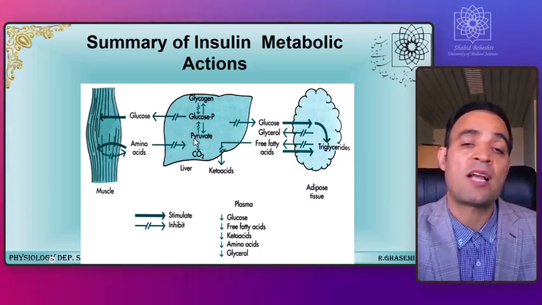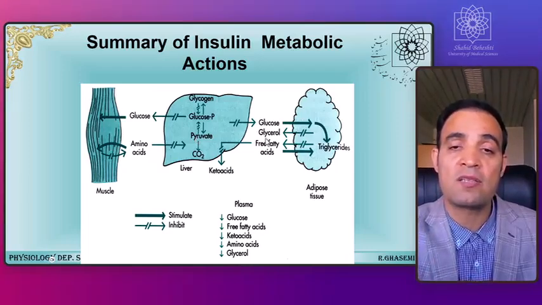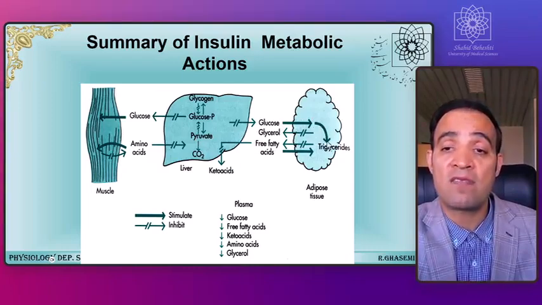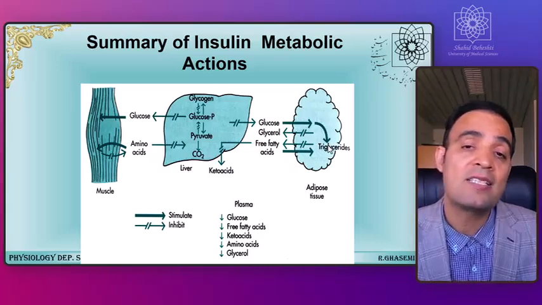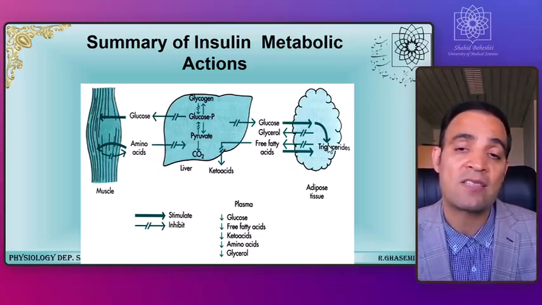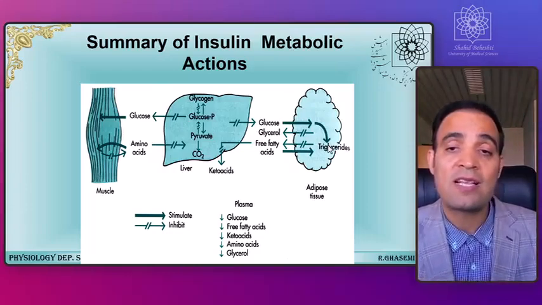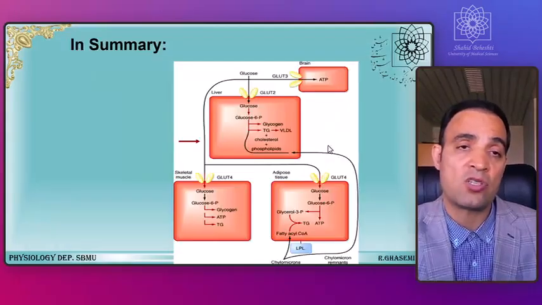Amino acid uptake and conversion into glucose is inhibited. In the adipose tissue, glucose uptake is increased and it is converted into glycerol. On the other hand, release of glycerol and fatty acid will decrease. Instead, fatty acids are being absorbed and stored in the adipose tissue.